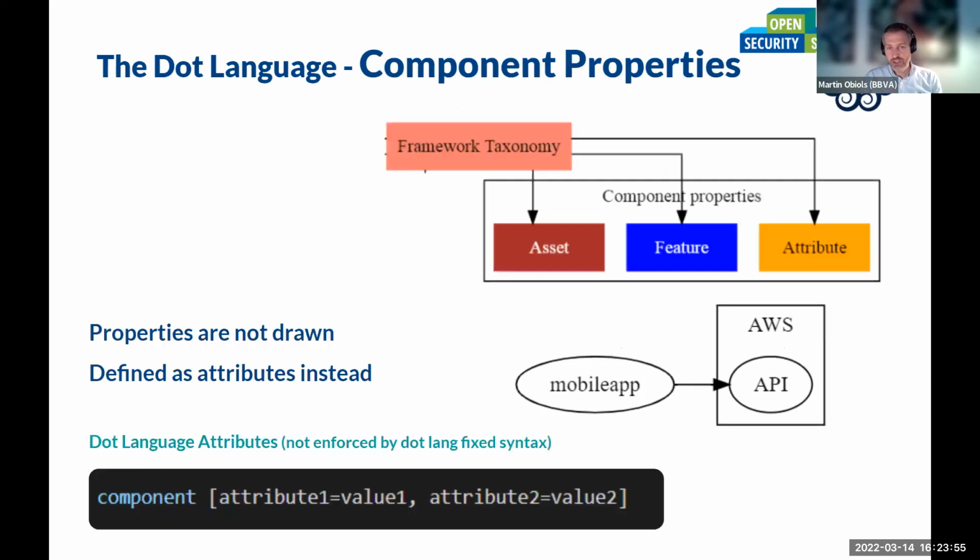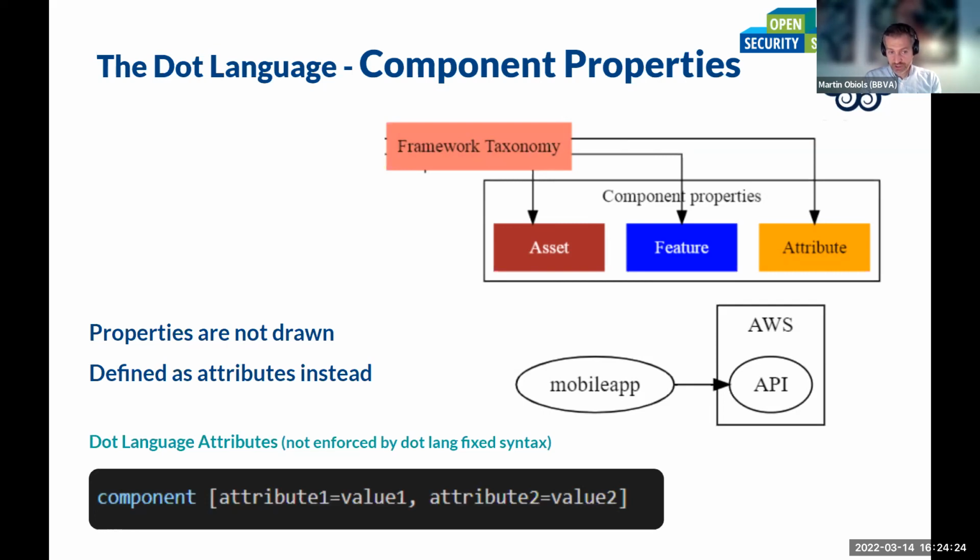Okay, so in order to register those component properties, the assets, the features, or the attributes, we will make use of attributes in the DOT language. The DOT language allows you to provide attributes to the different components. They have a dictionary, a library of syntax of attributes that affect the output diagram, for example, in terms of the style, the color, things like that.